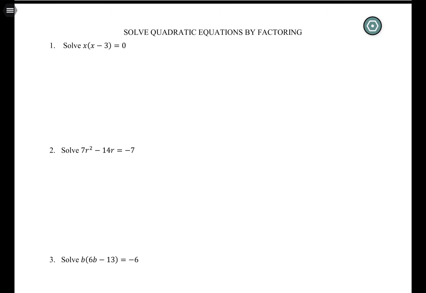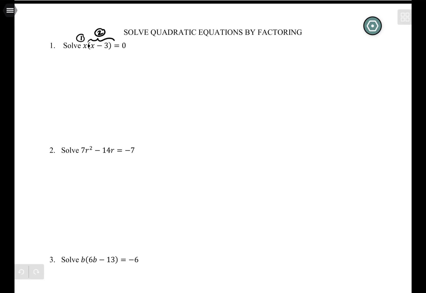So I started off with one that's actually already set up for the zero product property. This is a product, right? I'm multiplying x by x minus 3 and I'm getting 0. The only way that could possibly happen is if either factor 1, x, or factor 2, x minus 3, is 0.